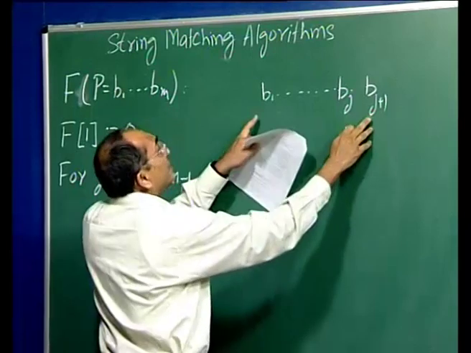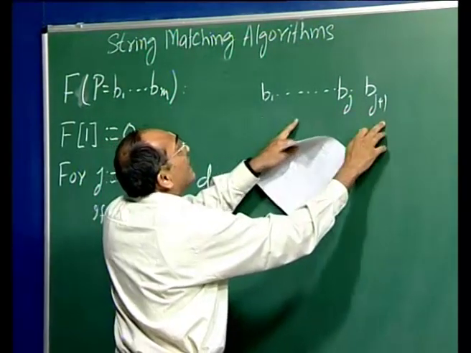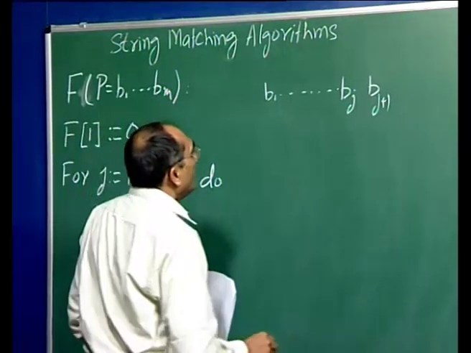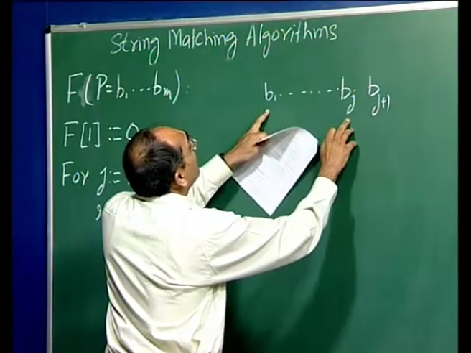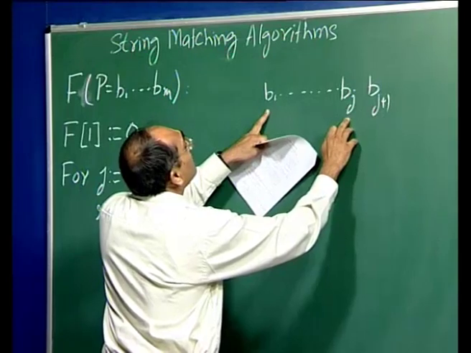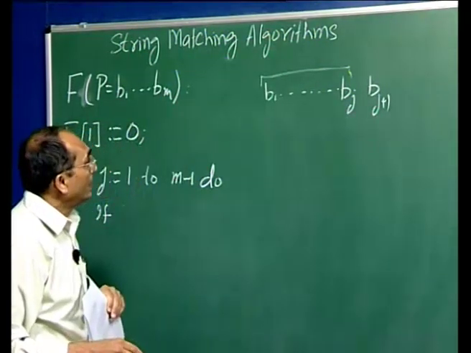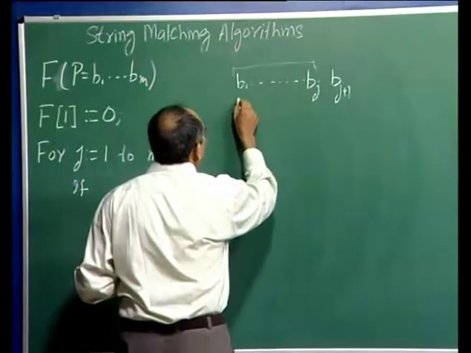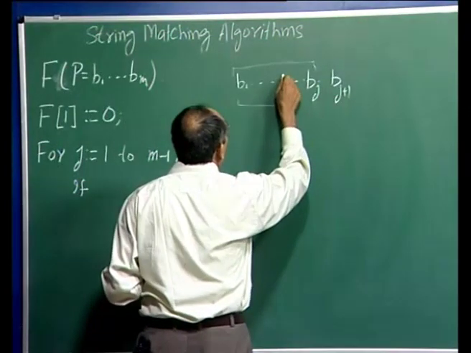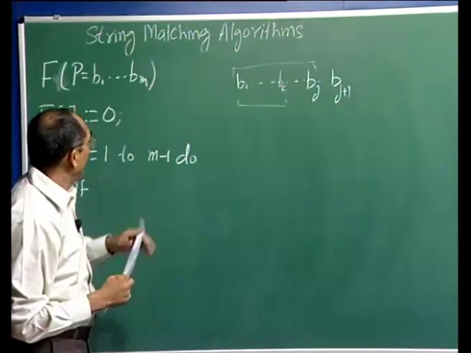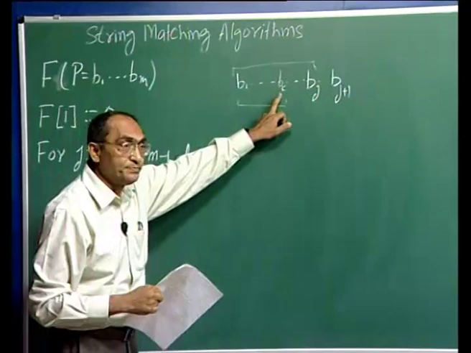We want a longest substring which is initial and terminal in this. Now, what we have is the longest initial string which is also terminal of this part. Let us say that string is this big, it goes from B1 to Bk. That means f of j is k.